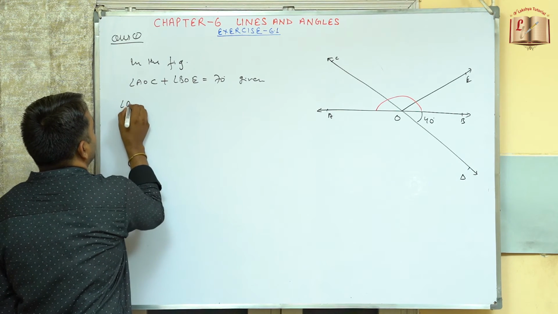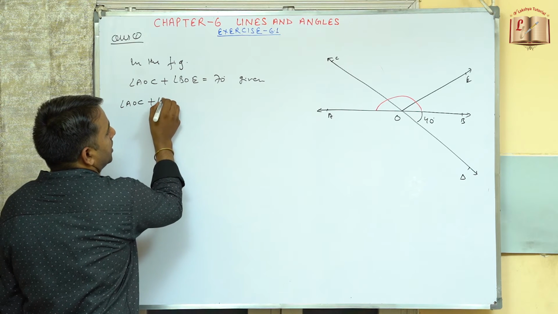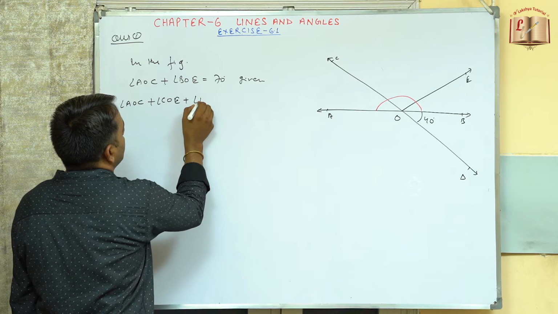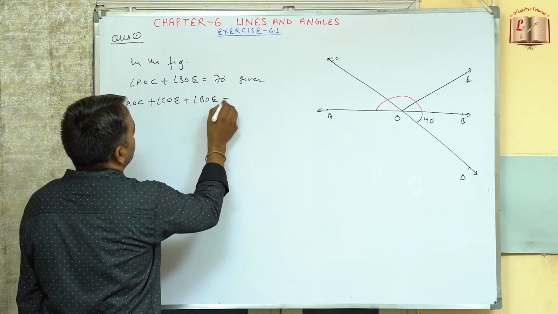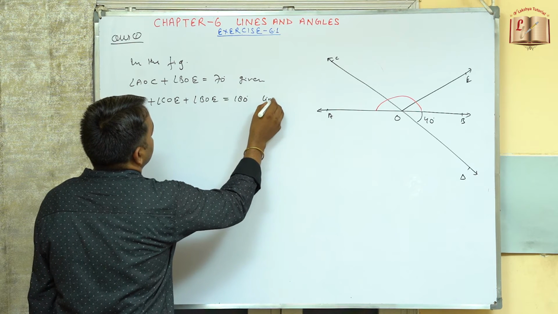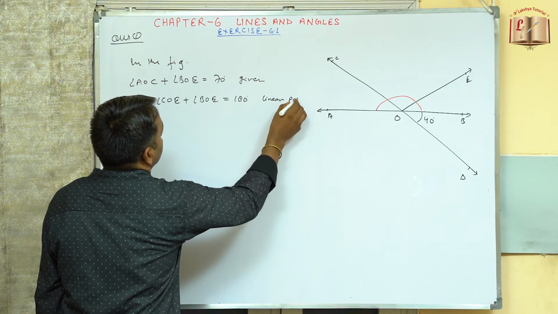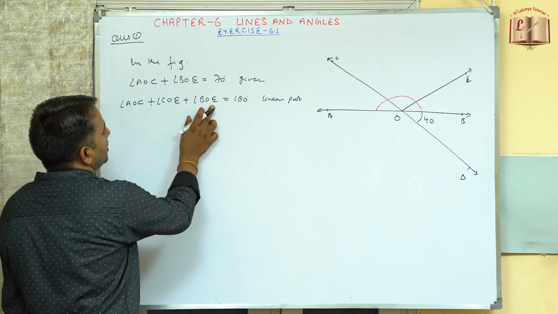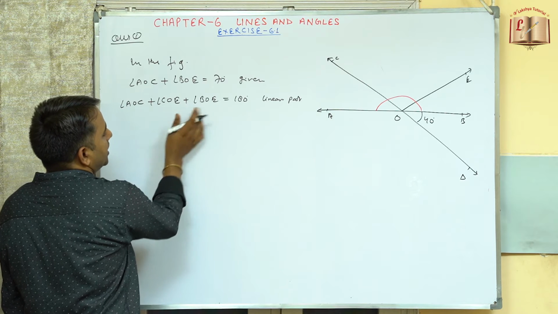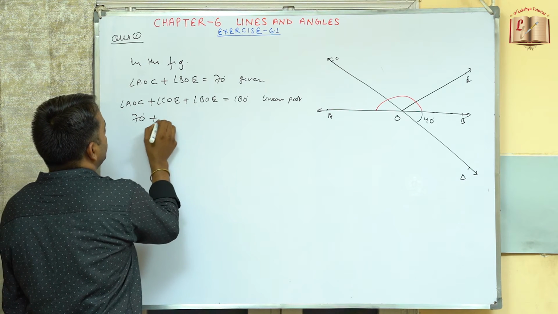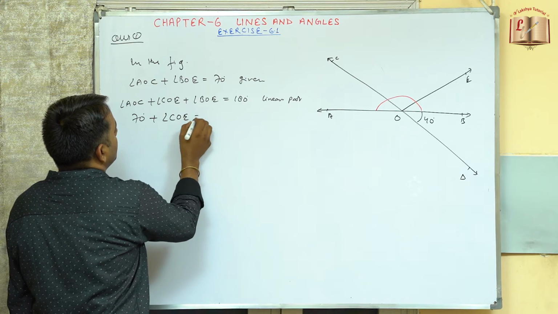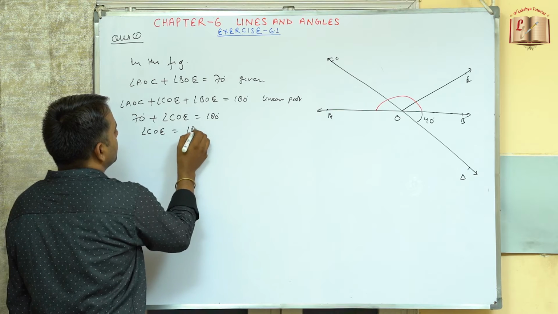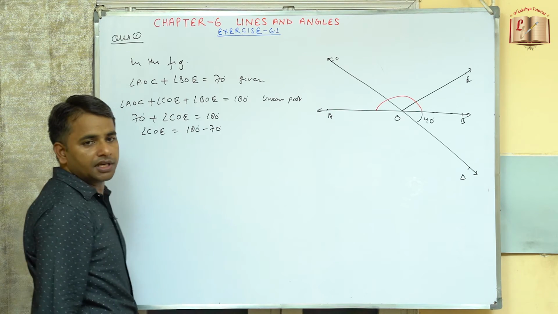So now we can write angle AOC plus angle COE plus angle BOE will be equal to 180 degrees. So this is a linear pair. Angle AOC and angle BOE together are already given as 70 degrees. So 70 degrees plus angle COE will be equal to 180 degrees, or angle COE will be equal to 180 degrees minus 70 degrees.